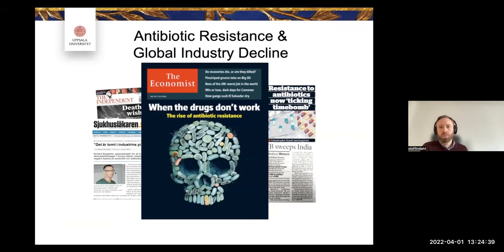And the result of that misalignment is that you have a global antibiotic industry decline that has been going on for decades. What this means is that while we are struggling with resistance and trying to keep resistance development at bay, the pipeline of new antibiotics is not being refilled.